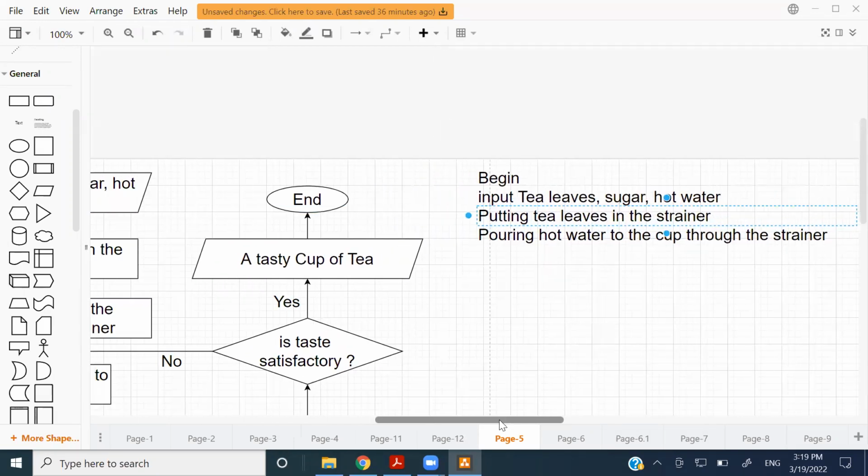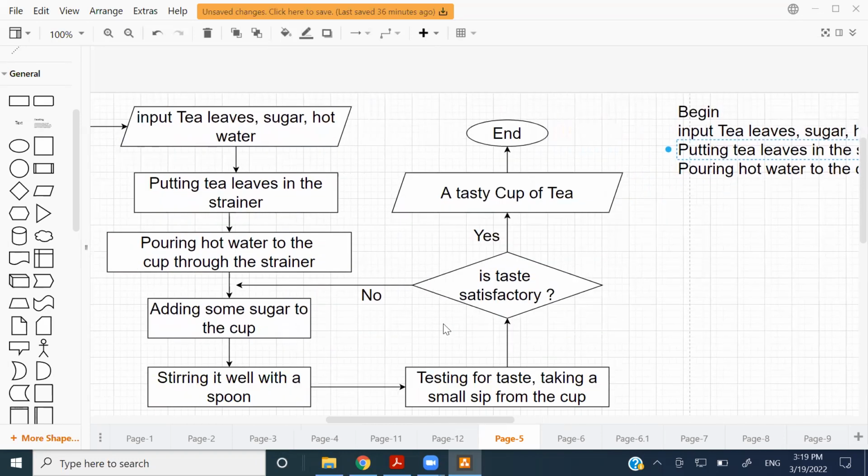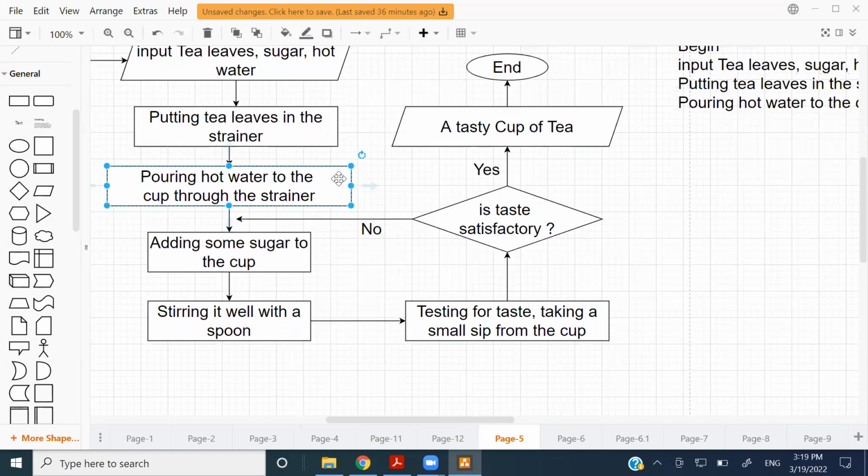Now refer to the flow chart that we have done. After we write about this particular process, now in our flow chart, this is our next process to happen. But when you are moving to this process, this one, and this one, these three processes are inside the iteration structure. Can you recognize that?